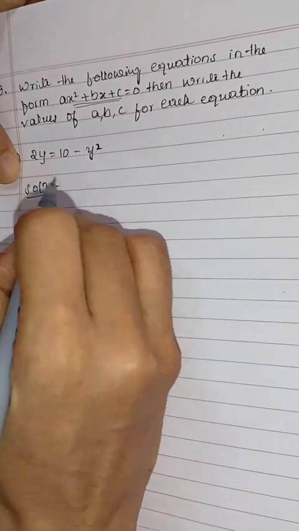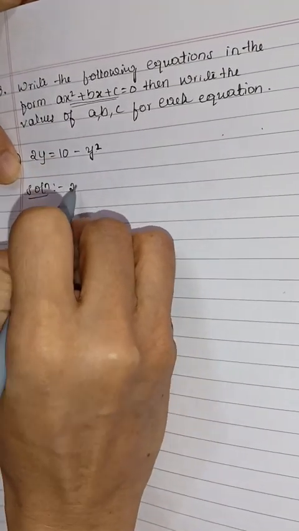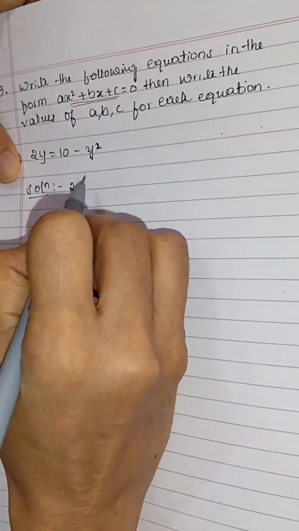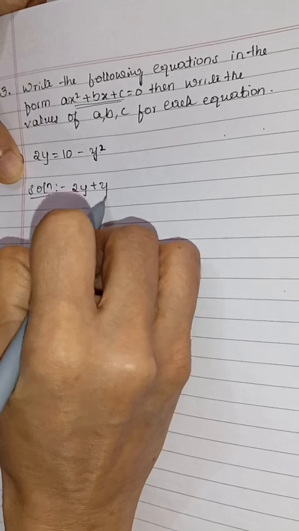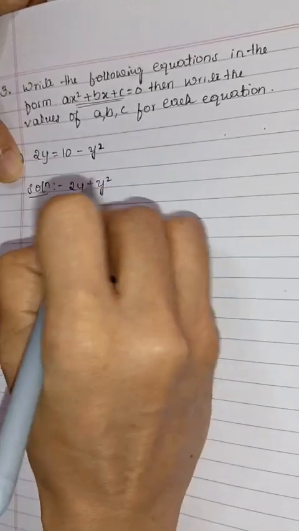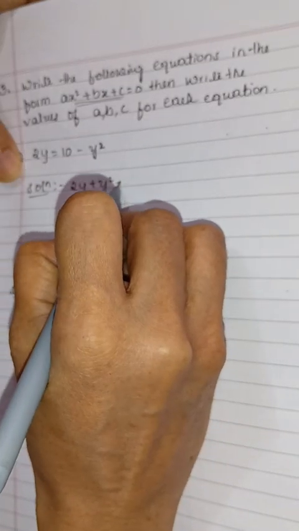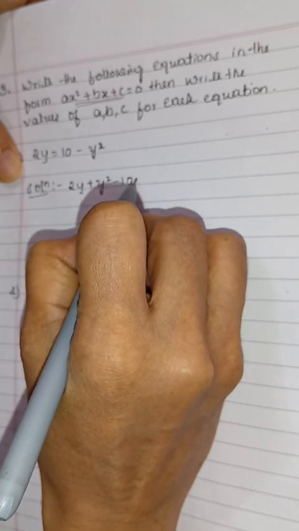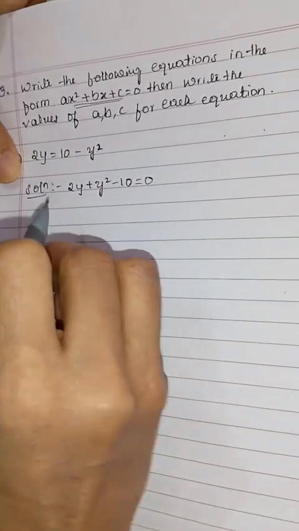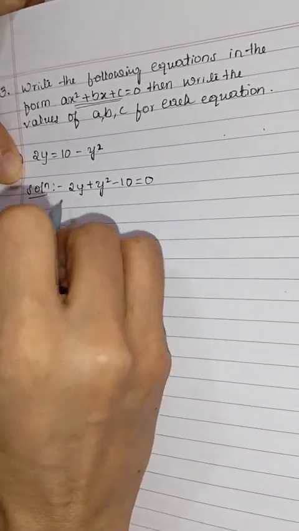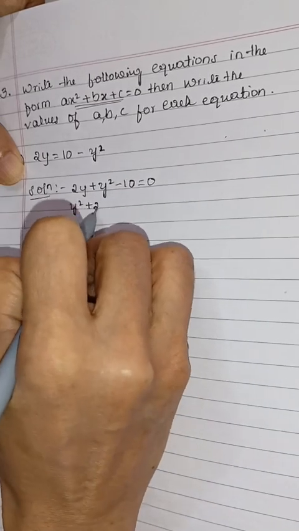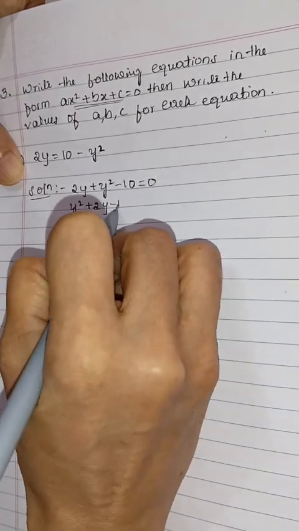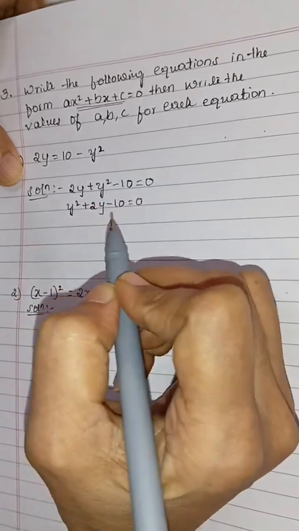Write 2y, and this minus y square, bring it to the left hand side, becomes plus y square. And this 10 also bring it to the left hand side, becomes minus 10 equal to 0. So write in the proper order: first y square, then 2y minus 10 equal to 0.